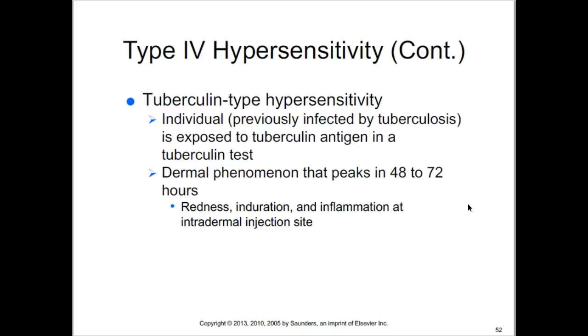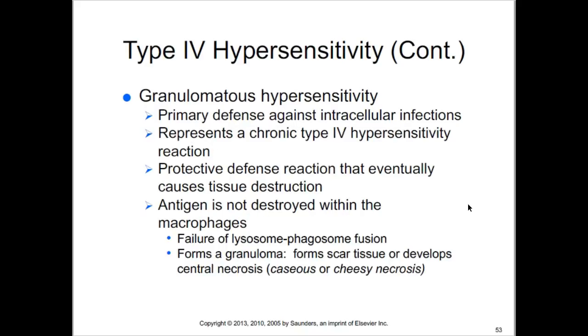That basically causes that little circle like you usually see on your arm, and you're basically looking for the size of that circle. The bigger the size, the more of a reaction you have, indicating that you have an antigen present in the body. But again, you can receive that from vaccines.